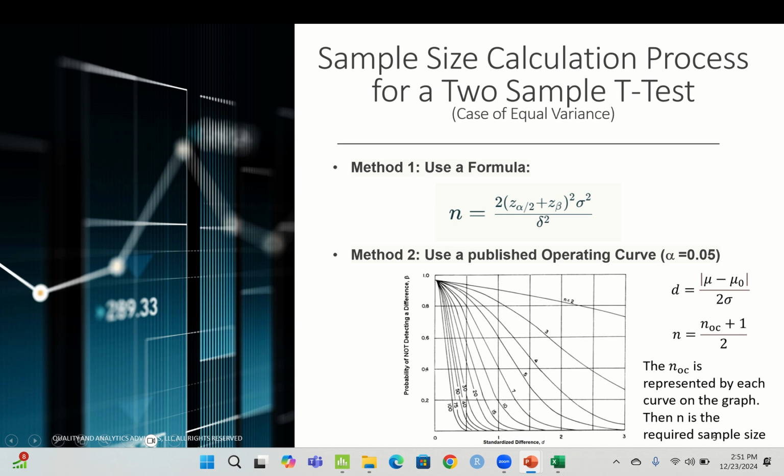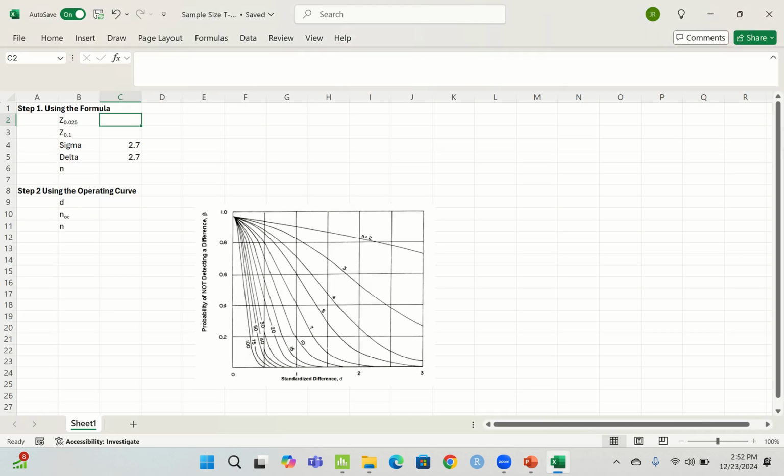You can see that the formula is asking me to calculate the z of alpha over 2 plus the z of beta. This term is going to be squared, then we need to multiply this times sigma squared and then divide by delta squared. So immediately we know that sigma squared and delta squared are both 2.7, so they are going to cancel each other out, but I'm going to keep them in the formula. So let's go about doing that.